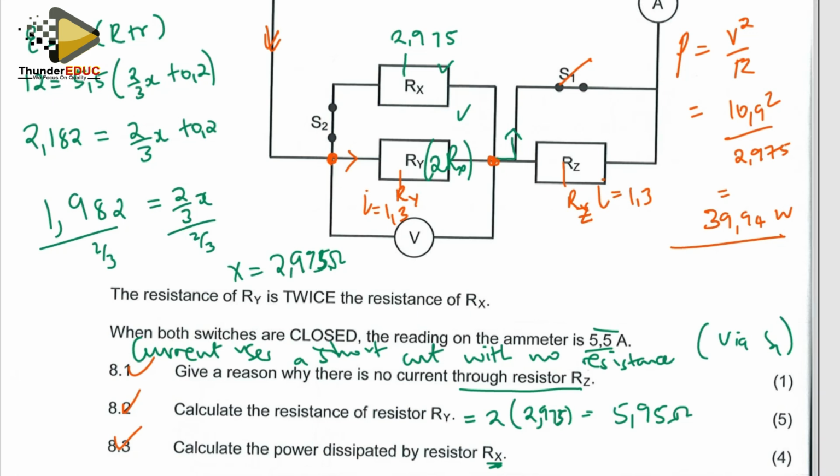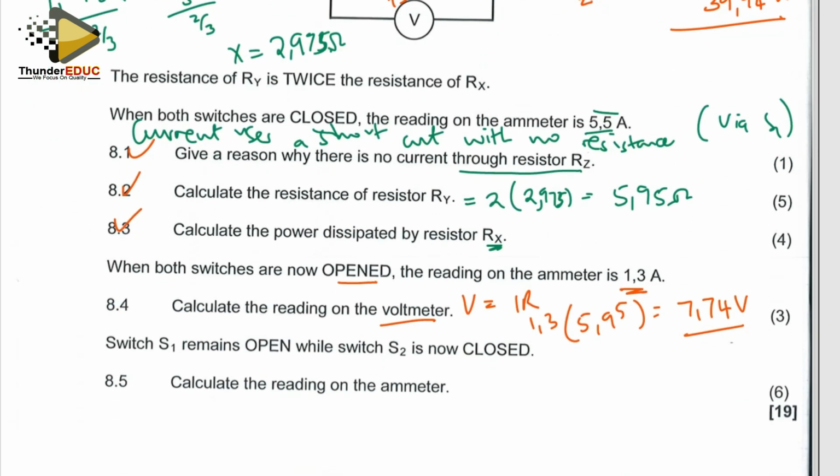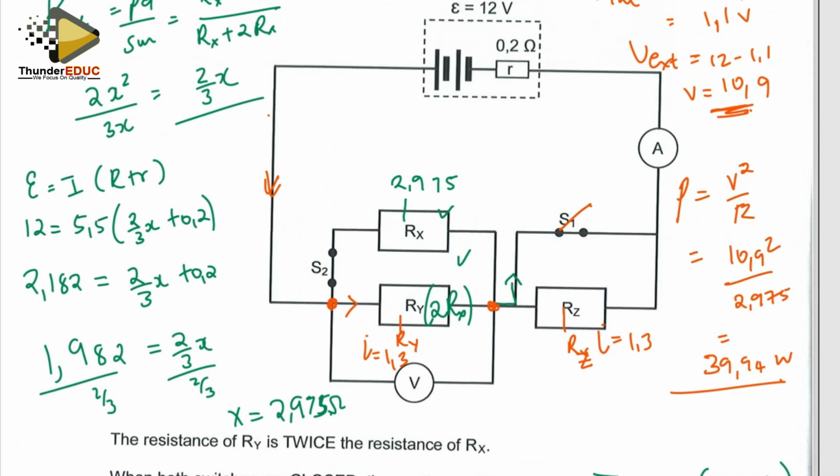The moment they open that, which means now all the three resistors are playing a role within the circuit. What does the question want? The reading of the ammeter. The reading of the ammeter is what we need. Okay, all right, let's see.